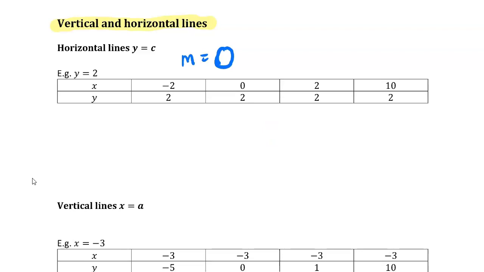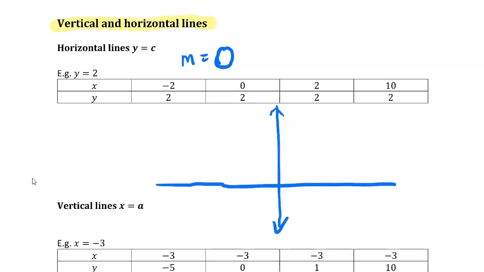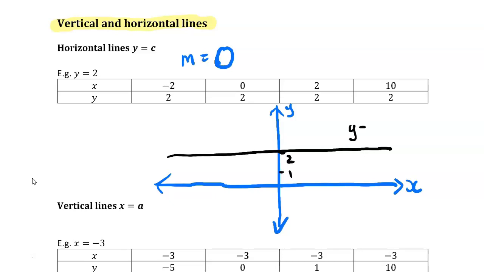So you sketch up your axes. Y, x. Two, 1, and that is y equal to 2.